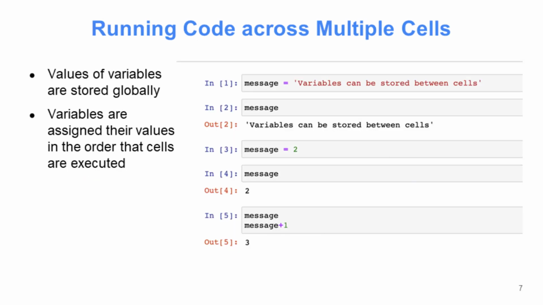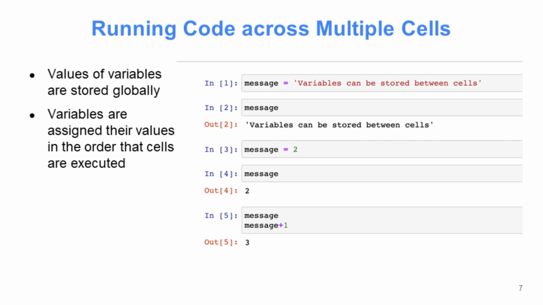So now we're going to have a variable, and you can put some string in the variable, in quotes. And then if you type in message and then press run, you will see that the information is stored in that variable over time. As you go along, the value that you assign to the variable persists across cells. So the variable can be stored between cells.